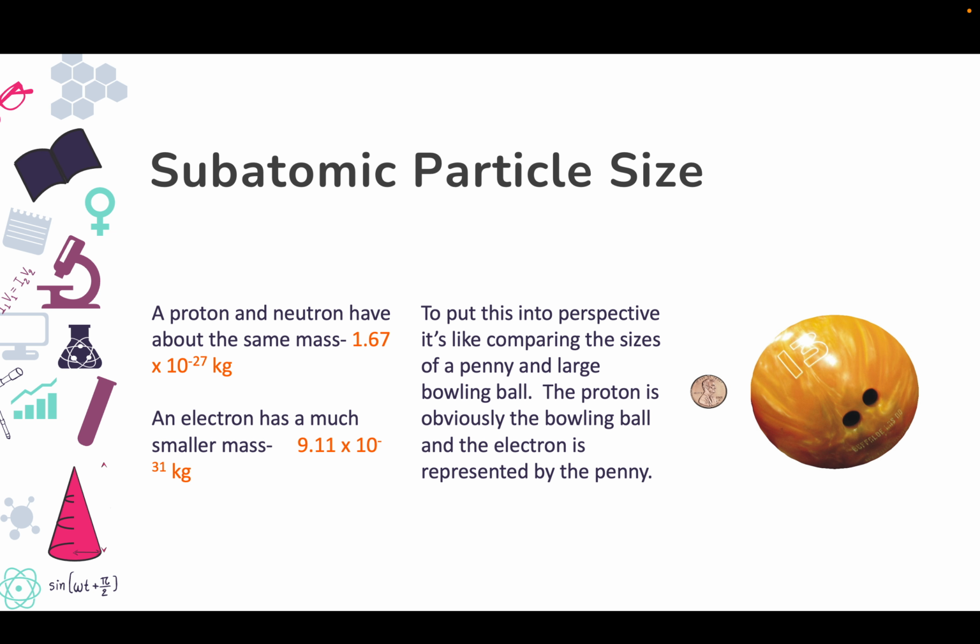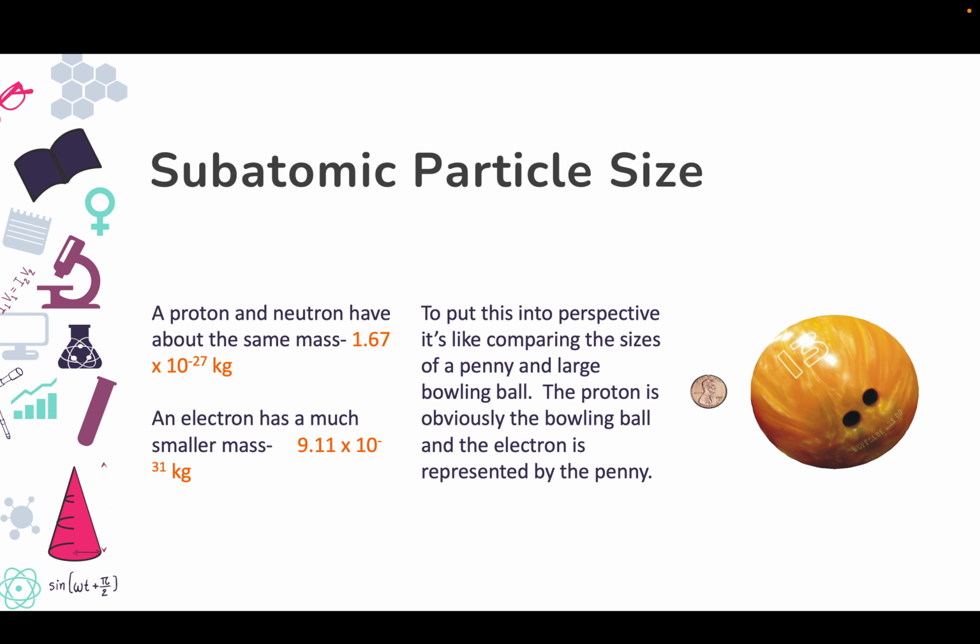When it comes to sizes, the proton and neutron have about the same size or same mass, which is around 1.67 times 10 to the negative 27 kilogram, while an electron, since it's outside and it floats freely in the electron cloud, actually has a much smaller mass, which is 9.11 times 10 to the negative 31 kilograms.